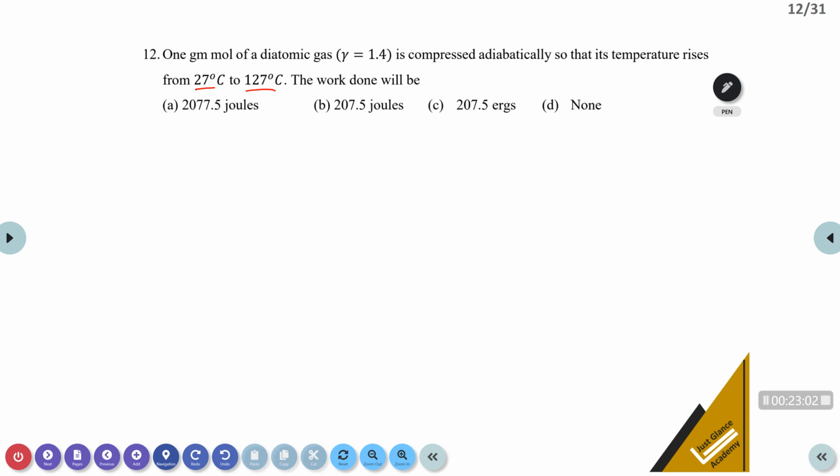In an adiabatic process, work done equals, as in the problem I did just now, R divided by gamma minus 1, into bracket T1 minus T2. T1 equals 273 plus 27, equal to 300 Kelvin.